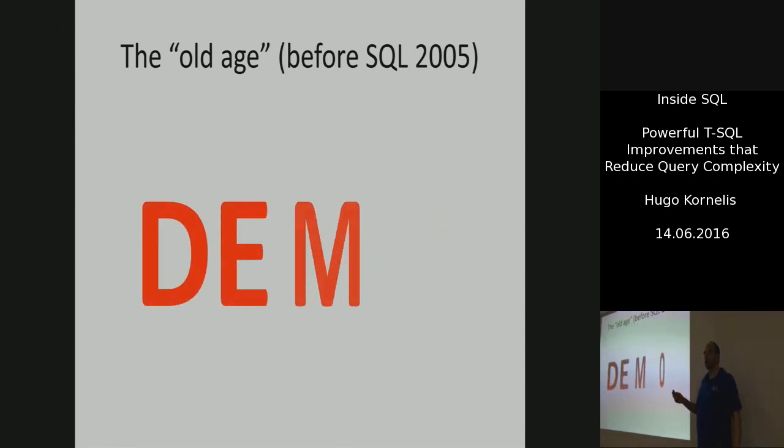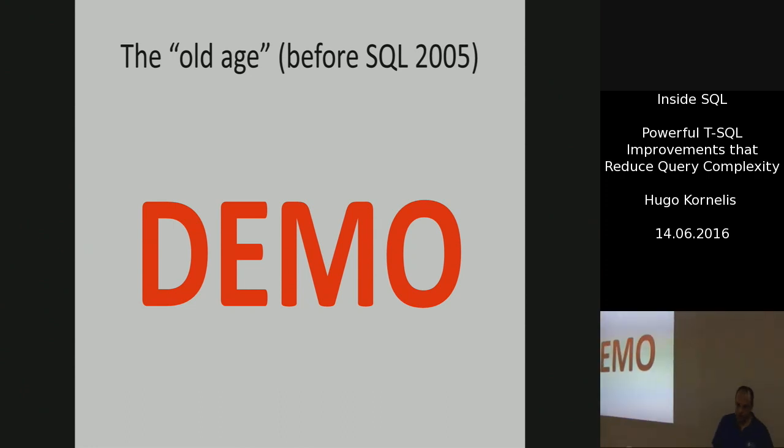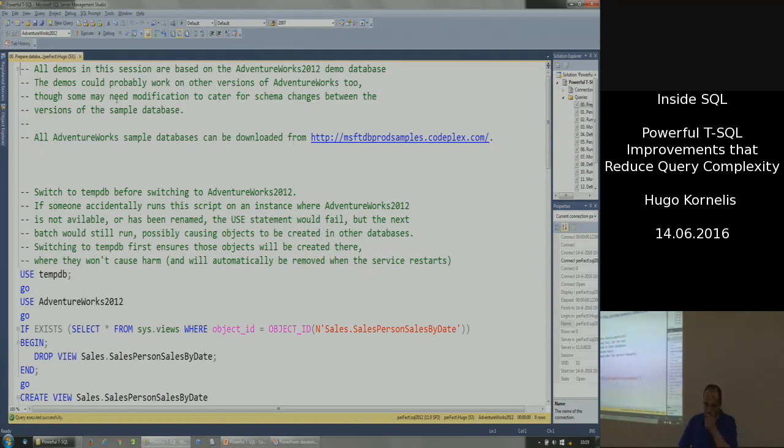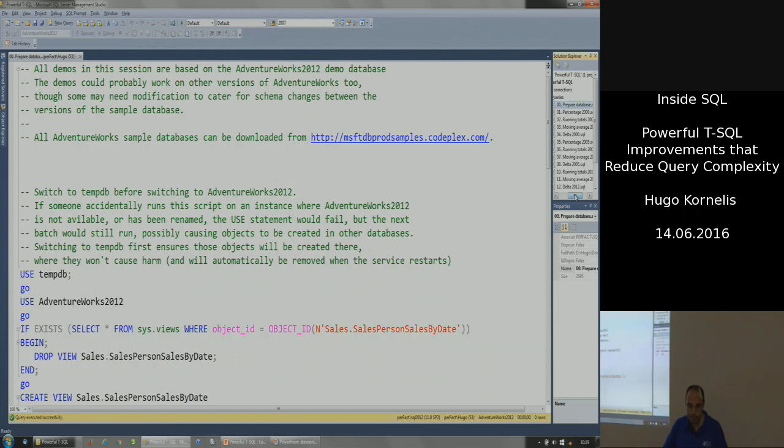So let's jump into the demos and look at how this worked previously. I have already, in the sample code that you can download later, you will find this solution.